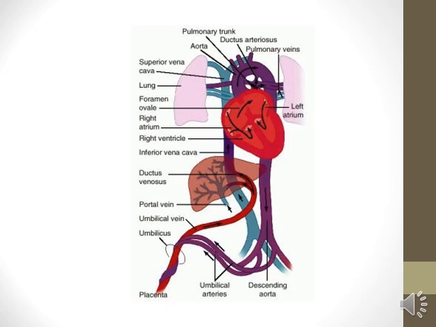Fetal circulation is very different from circulation after birth, because before birth there is an umbilicus. From that there is the umbilical vein.